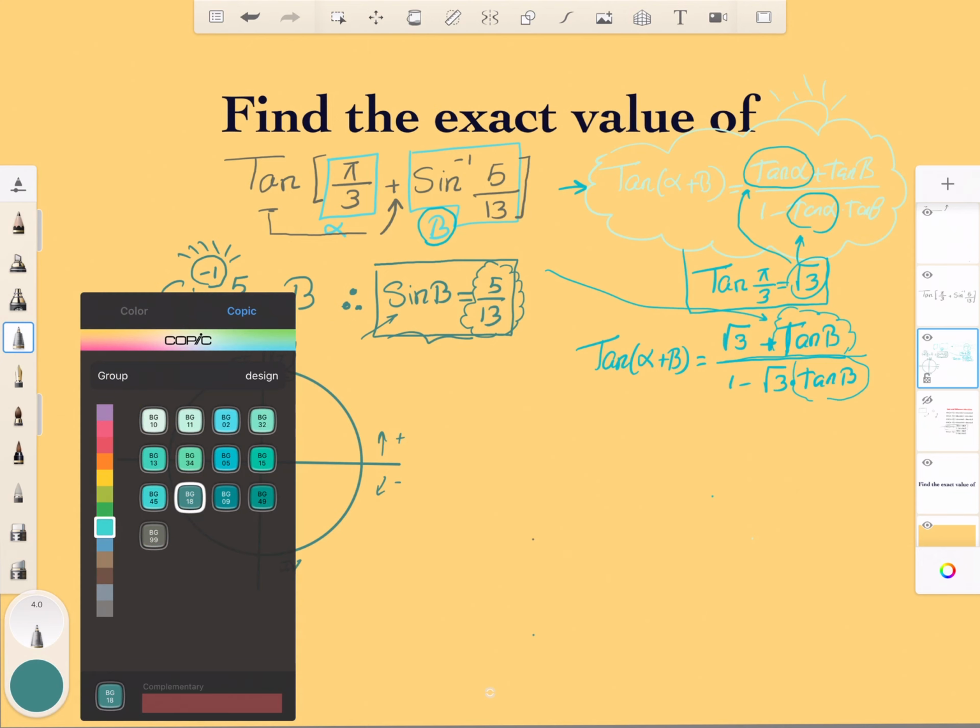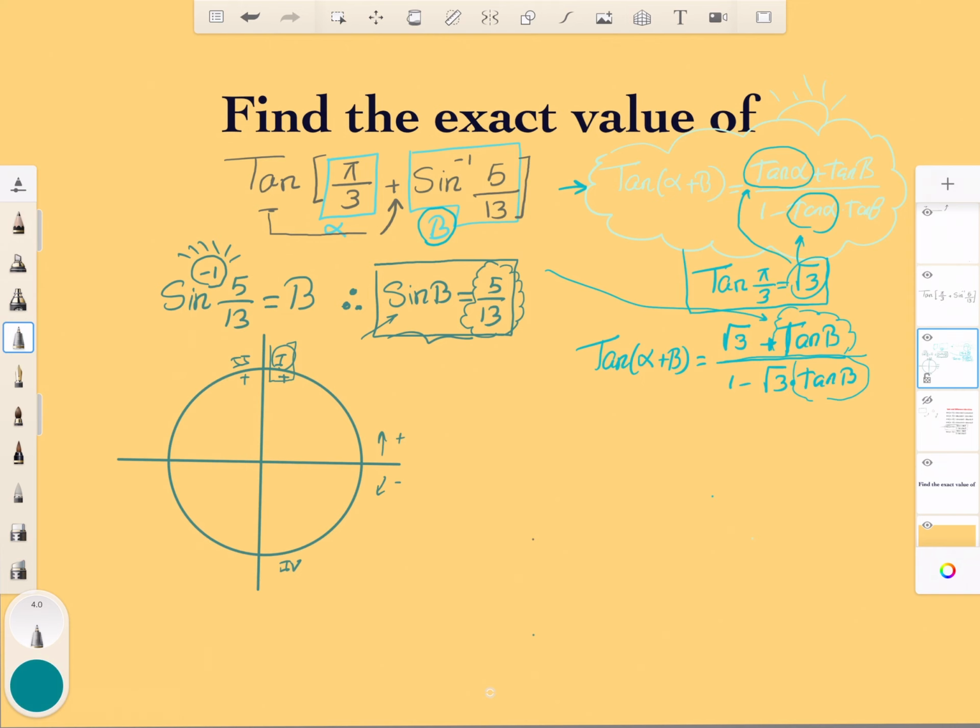So I'm going to randomly make a triangle here. I label this beta, make a 90 degree angle. We know sine of beta is 5 over 13, which is y over r. That means this is 5, this is 13. We need to solve for x.